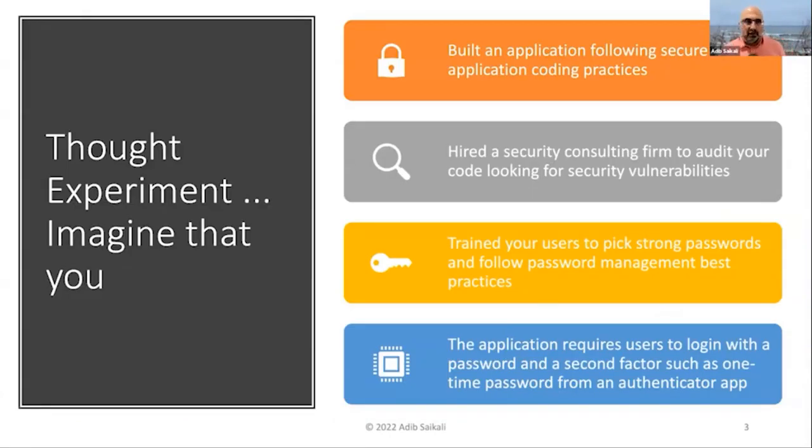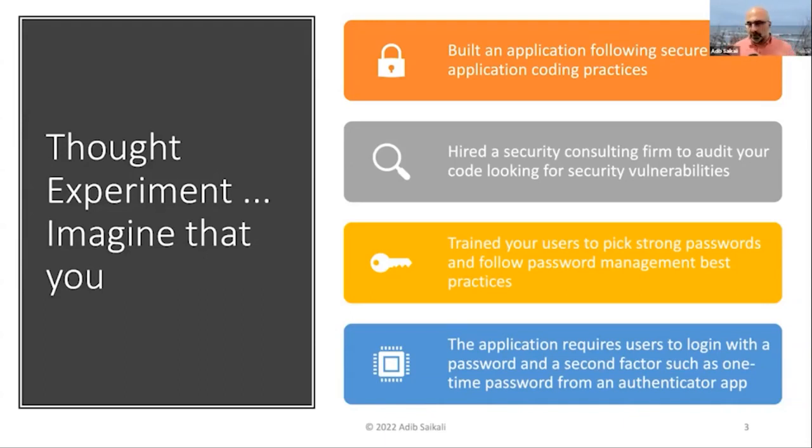So I want to start off with a thought experiment that I want you to think about. Imagine that you've built an application which is following all the secure application coding practices. You've even hired a security consulting firm to audit your code and check that you're not making the typical mistakes.